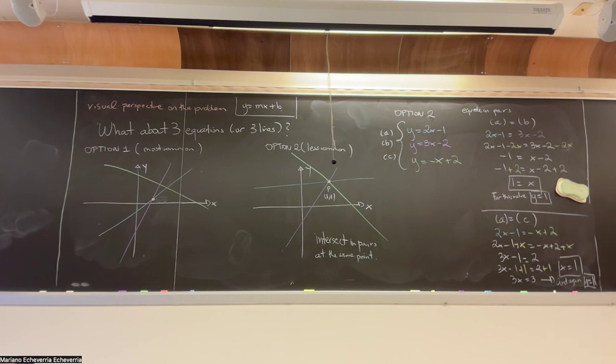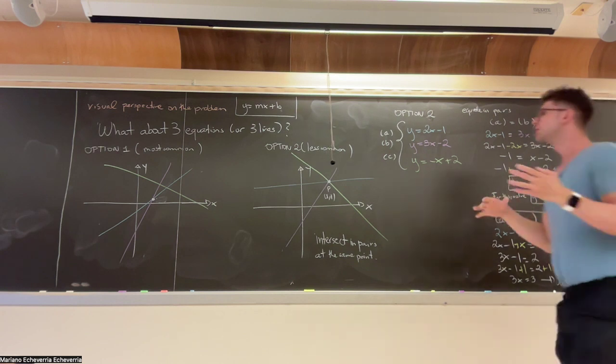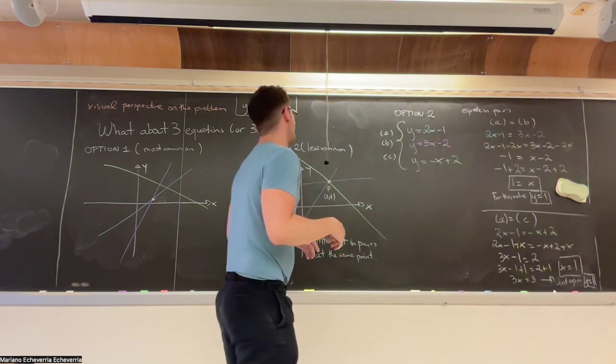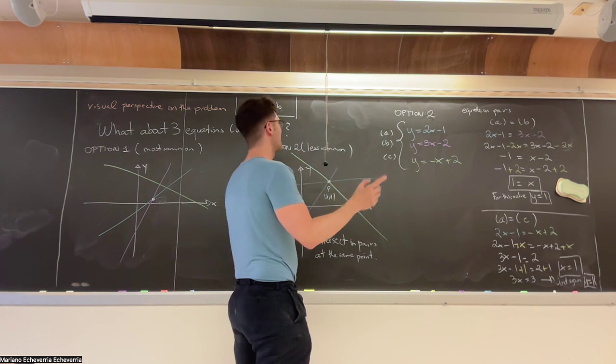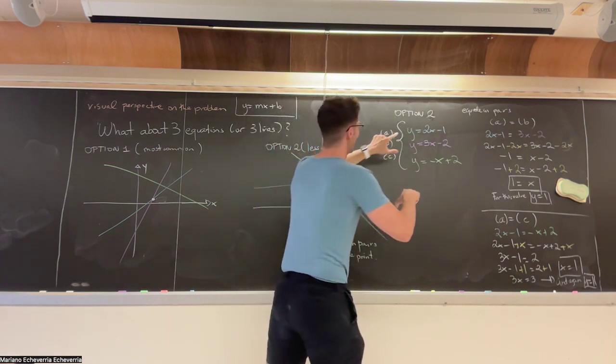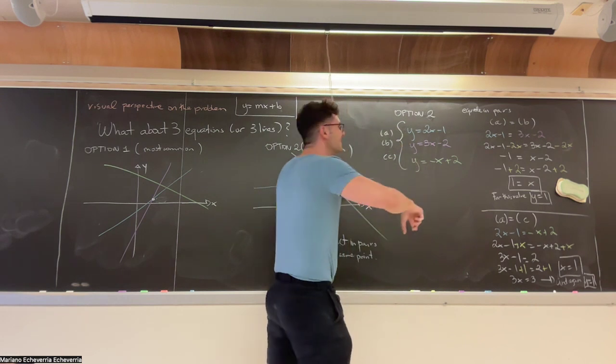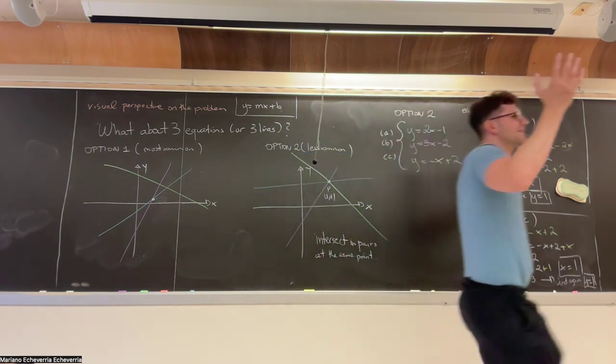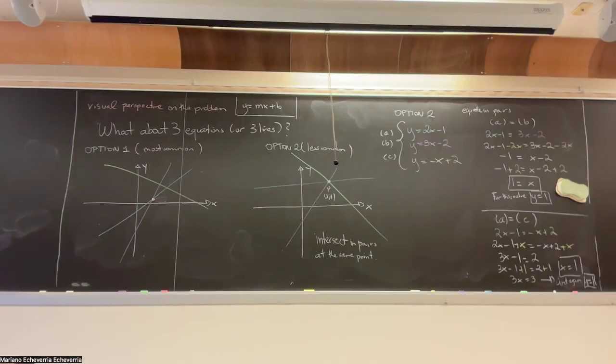But if you want extra verification, you can do purple and green, and you would also find (1, 1). There's no other way for this to happen, because if the blue and purple meet at (1, 1), and blue and green meet at (1, 1), then purple and green have to meet at (1, 1).